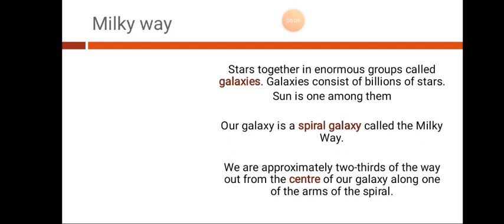Again, the last thing about our galaxy and our solar system is that we are approximately two-thirds of the way out from the center of the galaxy along one of the arms of the spiral. That is, we are at the edge of the Milky Way, not at the center. So all these are theories which you need to remember.